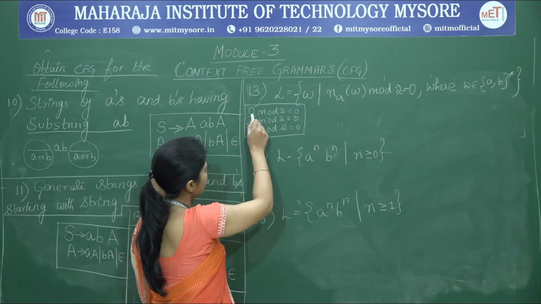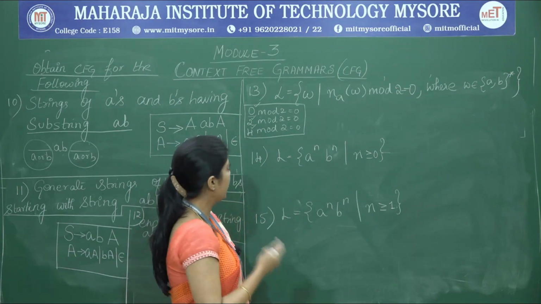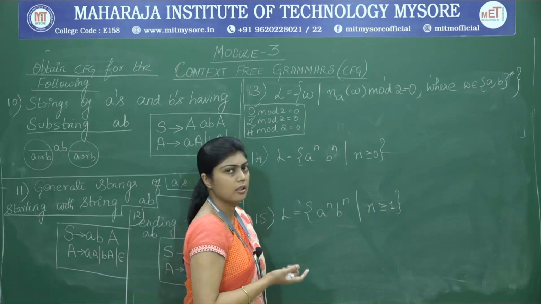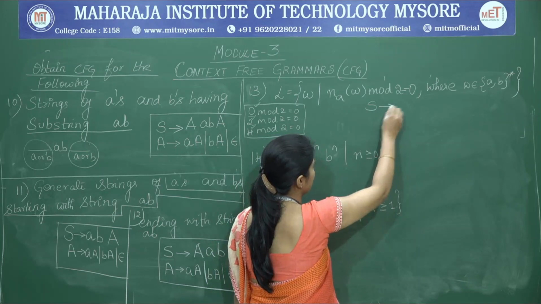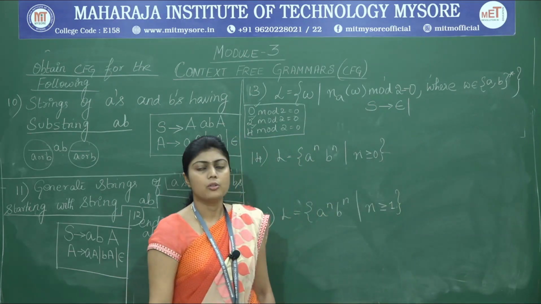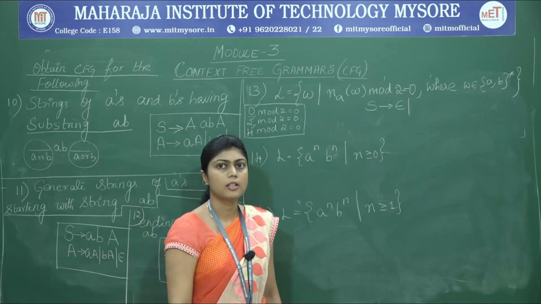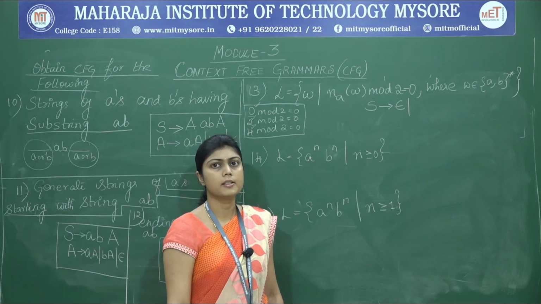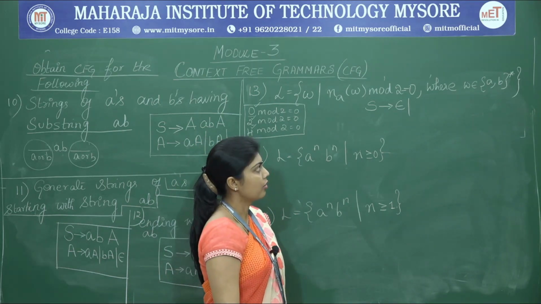So once we know that we may have 0 number of A's in the string, S goes to epsilon, because there is no constraint defined on the number of B's. So it could be 0 also. So therefore we can have 0 number of A's and 0 number of B's.